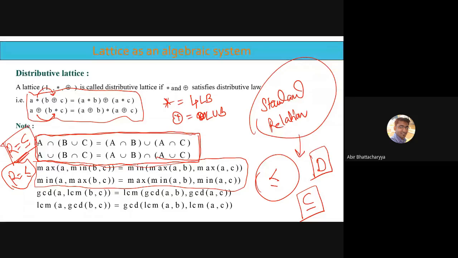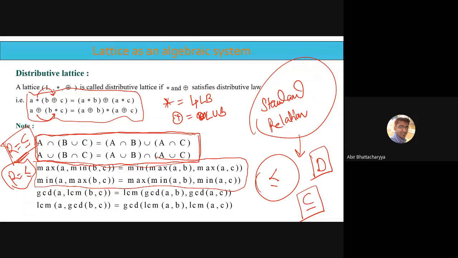And the second one is whenever R is less than or equal to. Suppose R is less than or equal to, then the minimum is going to be your GLB and the maximum is going to be your LUB.